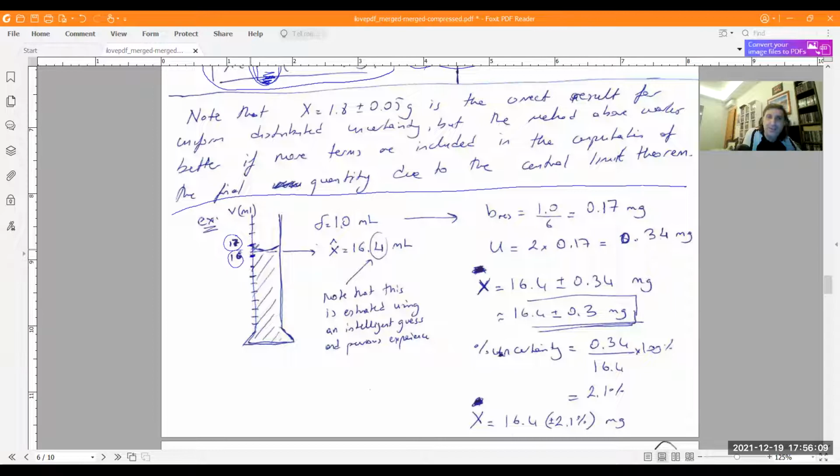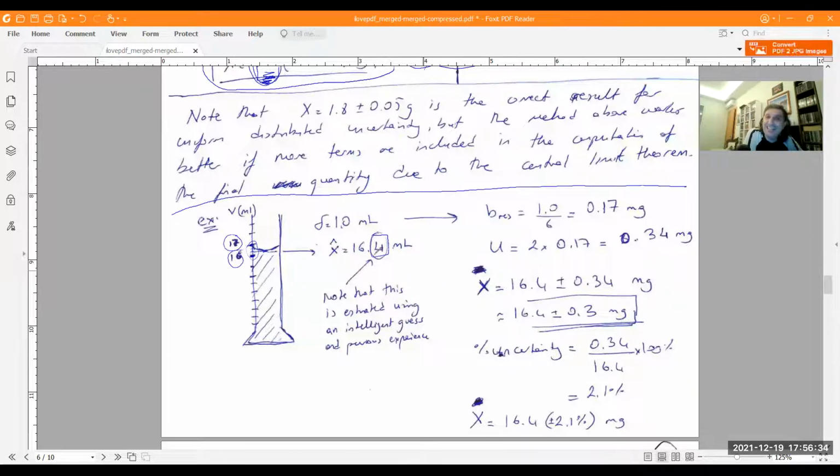So the smallest tick size is 1 milliliter. What we usually do is, using our intelligent guesses of where this meniscus lies, we come up with a value. We do not usually say 16 or 17 exactly, but it's somewhere in between, and we do not usually say 16.5. Using our heuristics, we come up with a reasonable value.